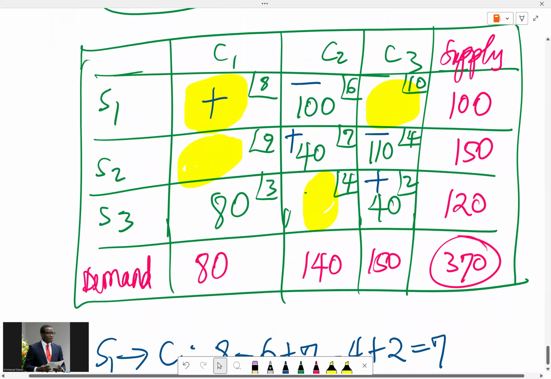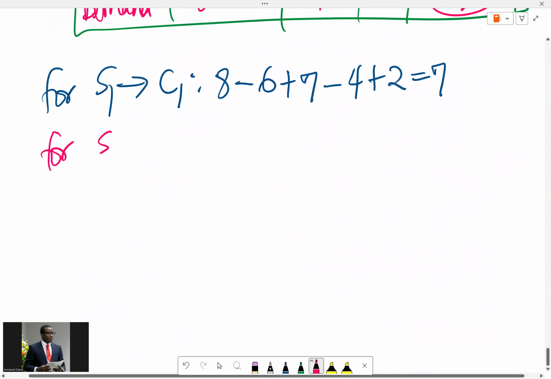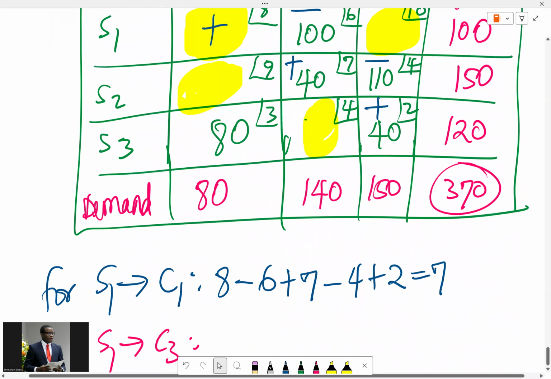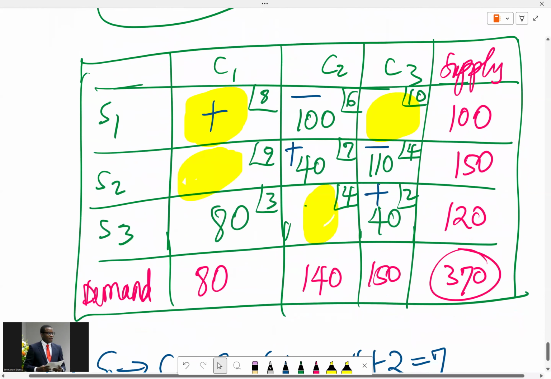Then the next one is for S1 to C3. If we add 1 unit here, we can subtract from here, add here, and subtract from here. So we have something close that we can balance up.